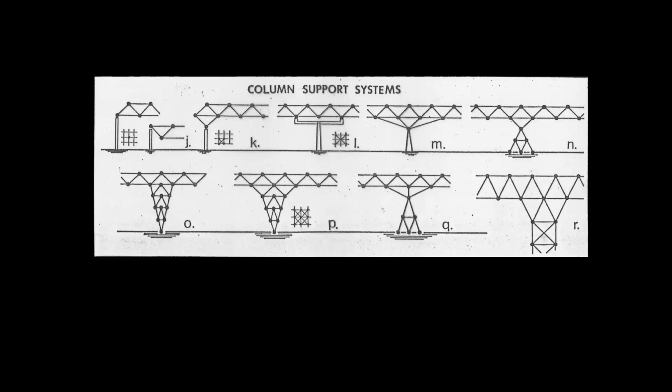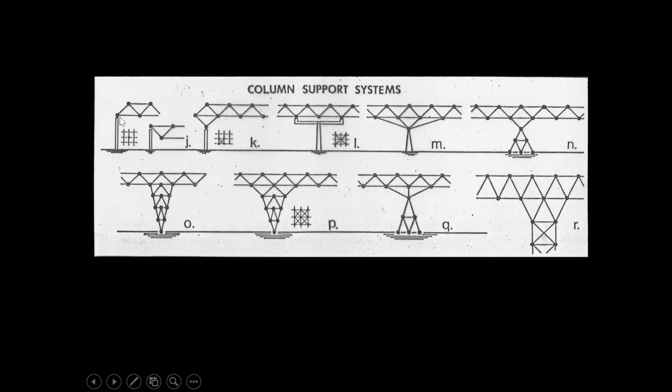And so they consist of trusses in one direction combined with trusses in the other direction, creating a grid of trusses. And so in elevation, they look like that. Every part of them is triangulated.